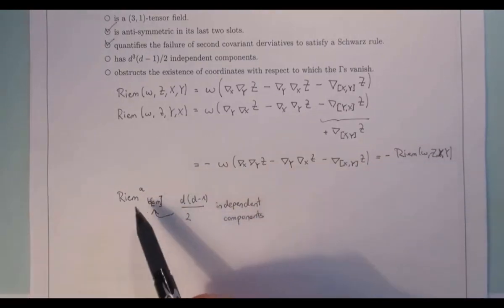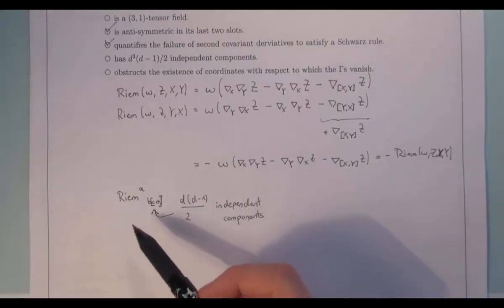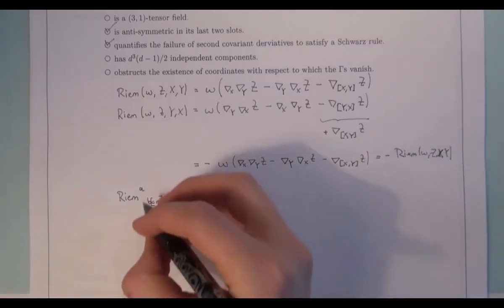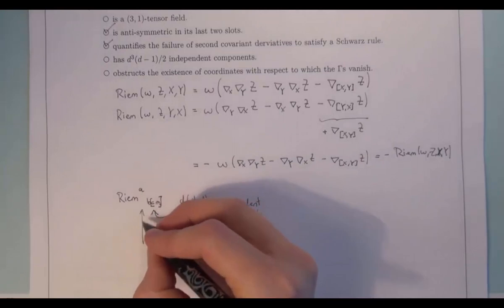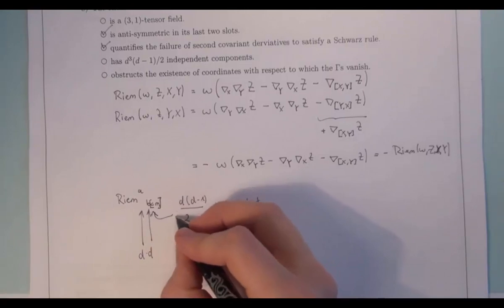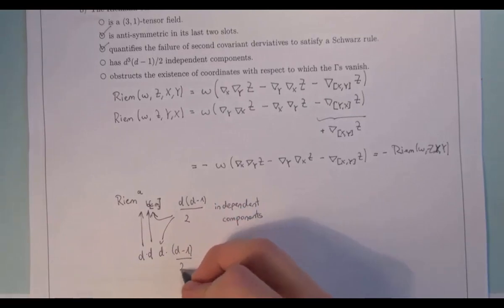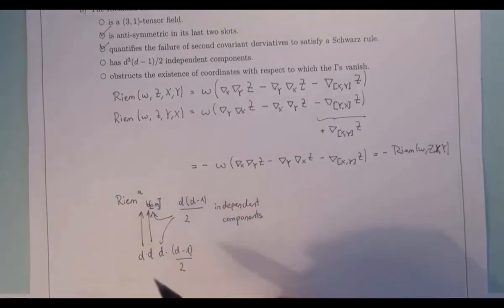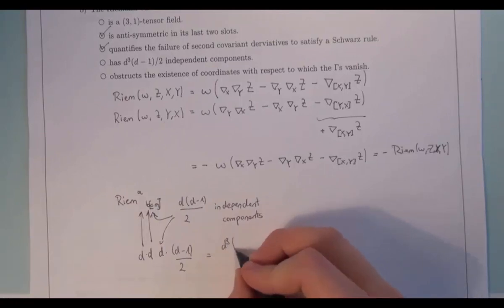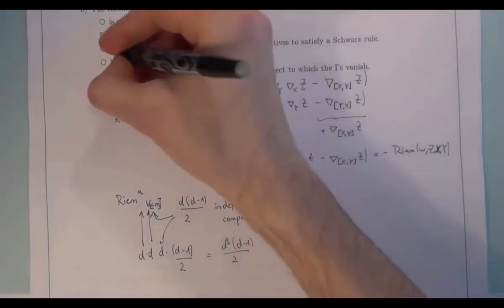And we have two other indices left, A and B, that can run arbitrarily from 1 to D. So we have d possibilities in this slot, d times d possibilities here, and d times d minus 1 over 2 independent components here, which is just d to the power of 3 times d minus 1 divided by 2 independent components of the Riemann curvature. So this is correct.